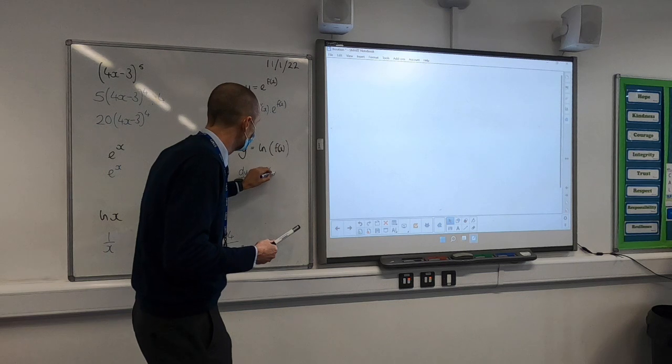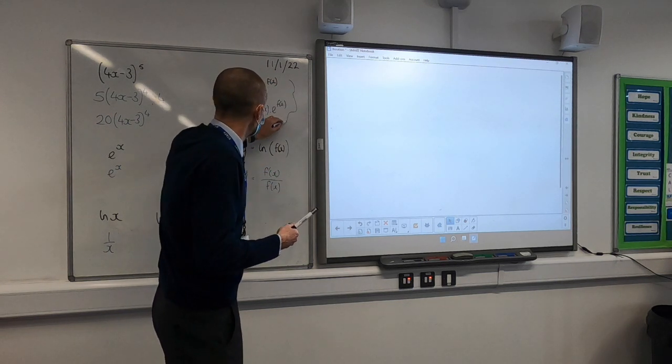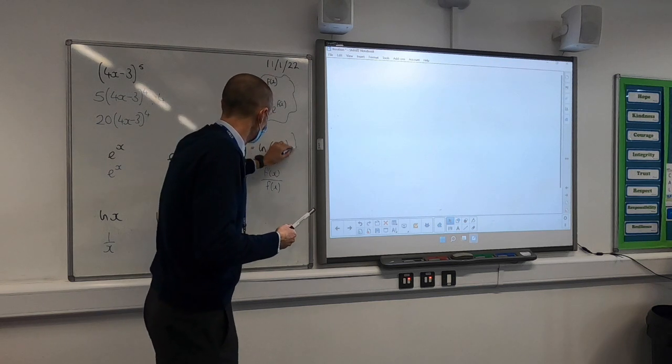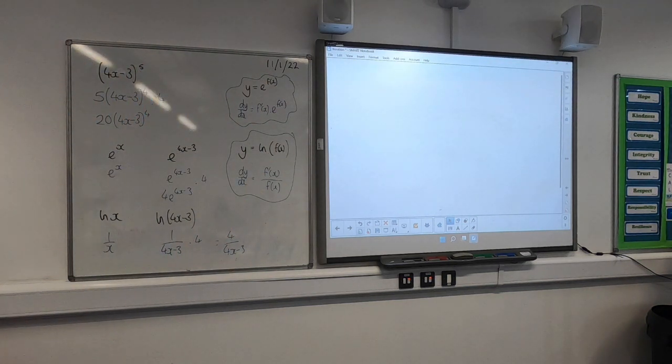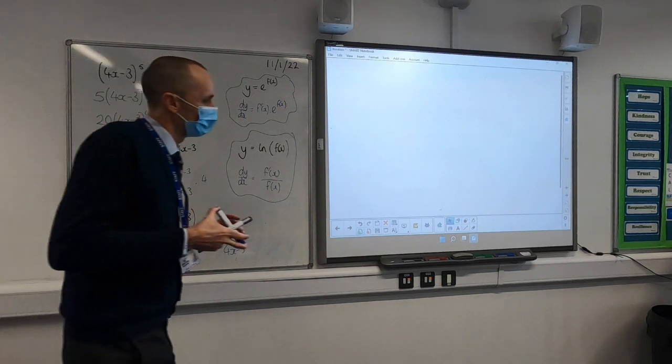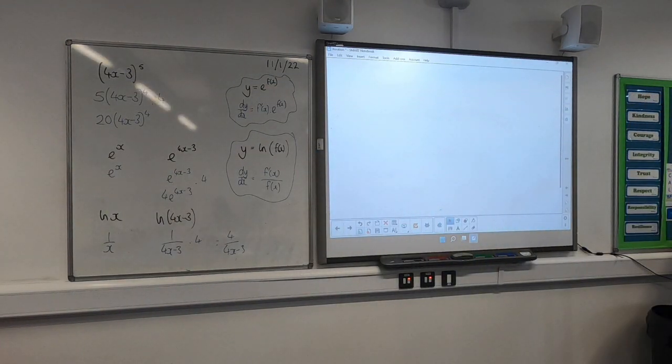F dash of x over f of x. So if you're someone that likes sort of standard rules, then those are your rules. But you know, I don't think we need to really think about them because it's not super complicated. So that's where we got to last week.